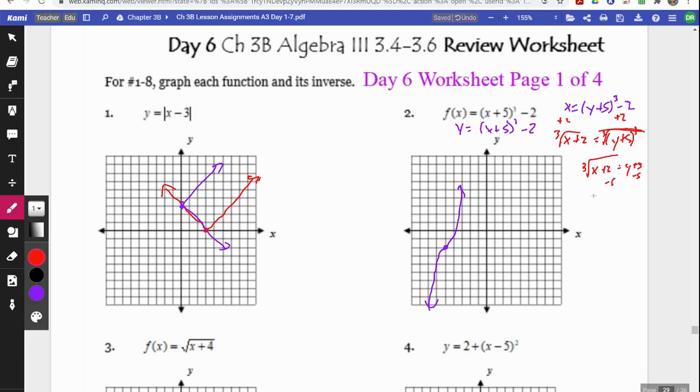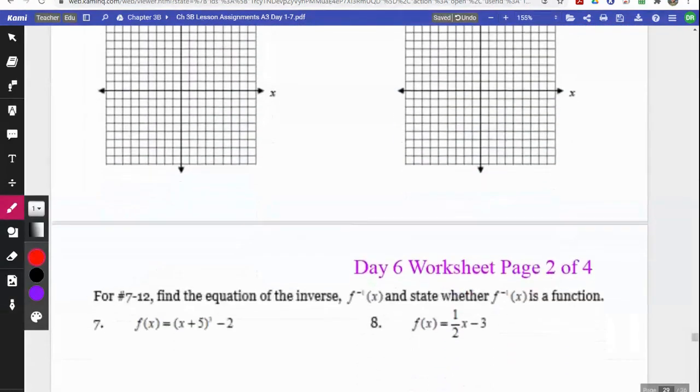Subtract 5. So the cube root of (x plus 2) minus 5 equals y. All right, so that's an example of the inverses.